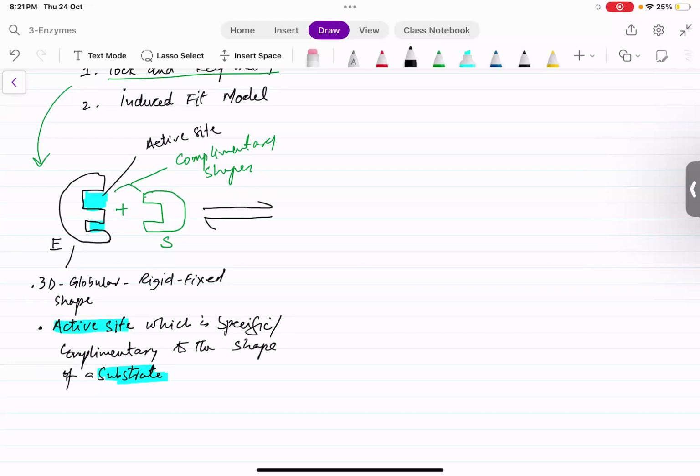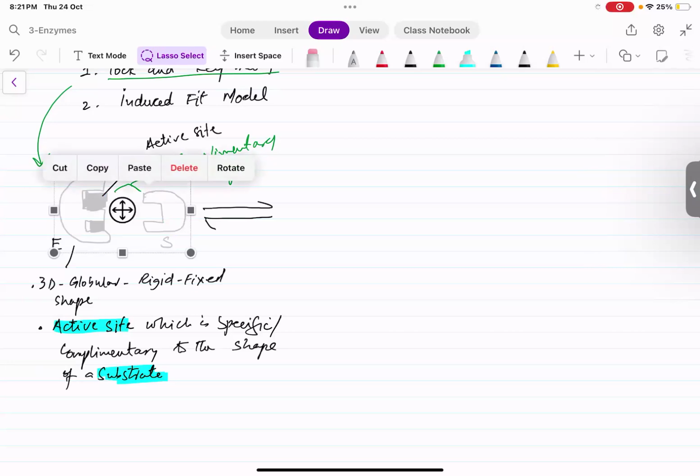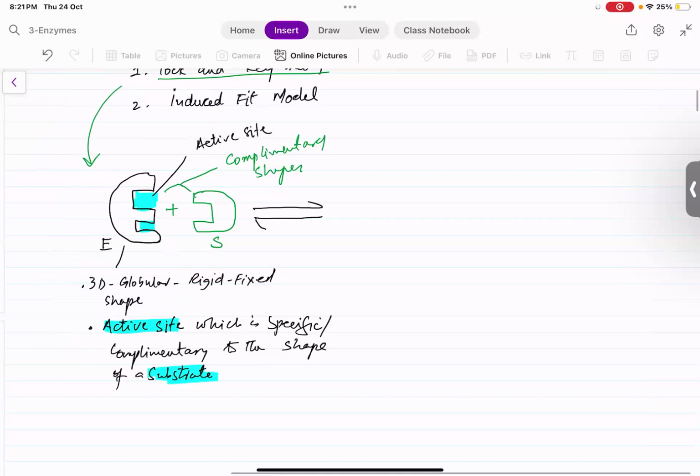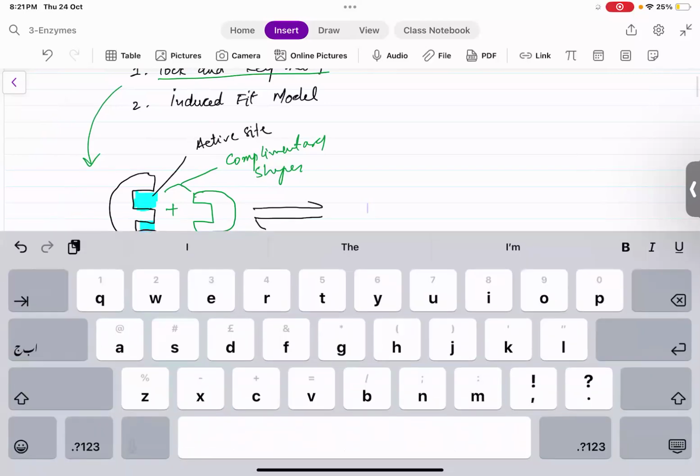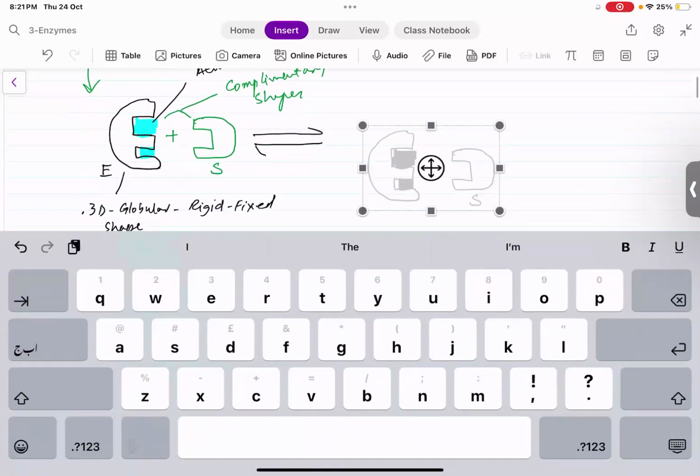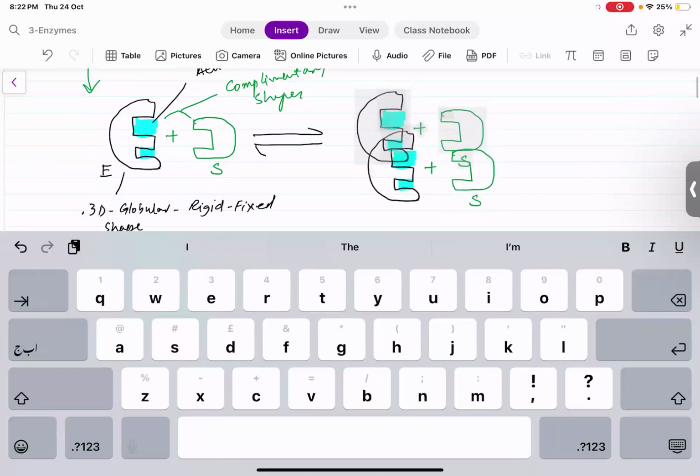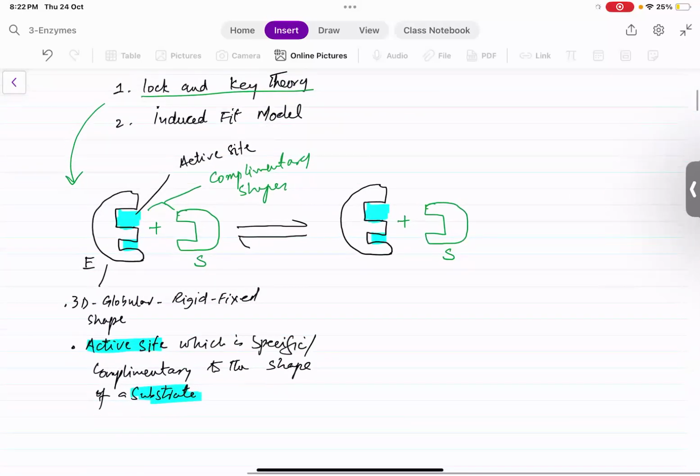So let me just copy it again. You see what happens if they are constantly colliding with each other.